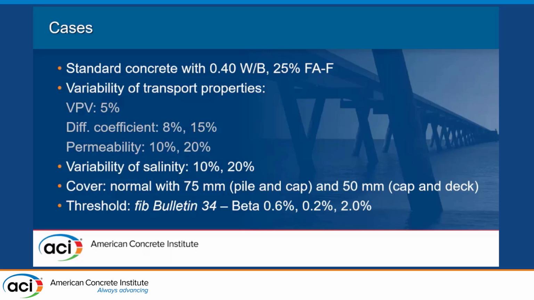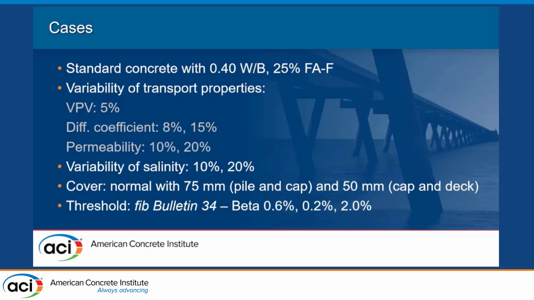For the threshold, I used the one in fib Bulletin 34 for probabilistic modeling. It's the typical curve with the beta distribution: 0.6 average, 0.2 lower limit, 2% higher limit.